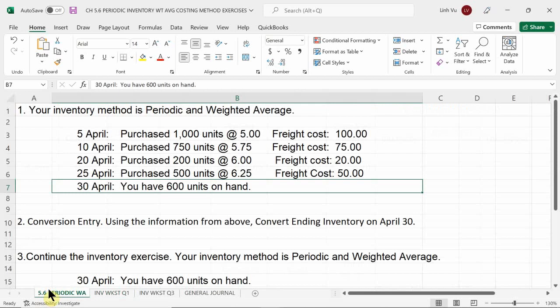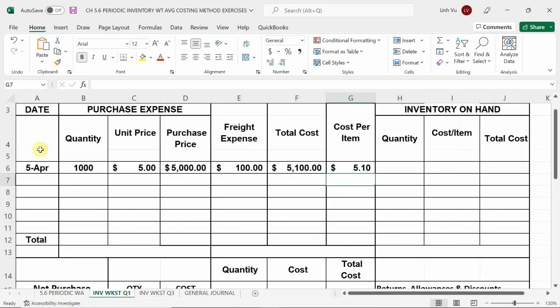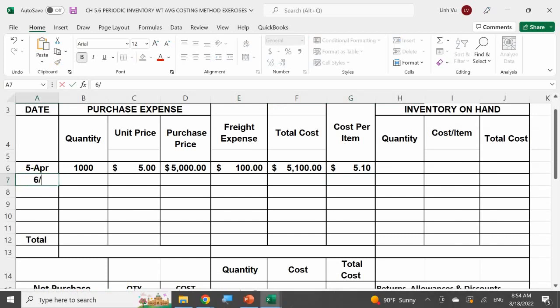So the next one here is April 10. We purchased 750 units at $5.75 each with a freight of $75. Okay. So again, April 10, 750 at $5.75 with a $75 freight.